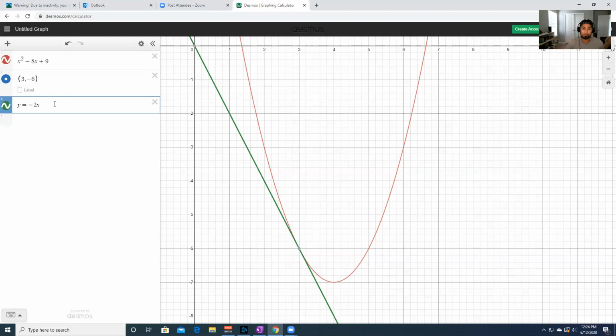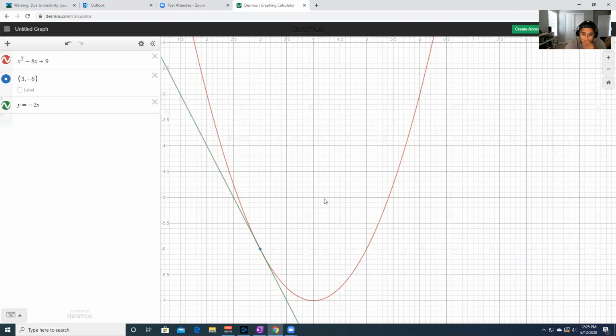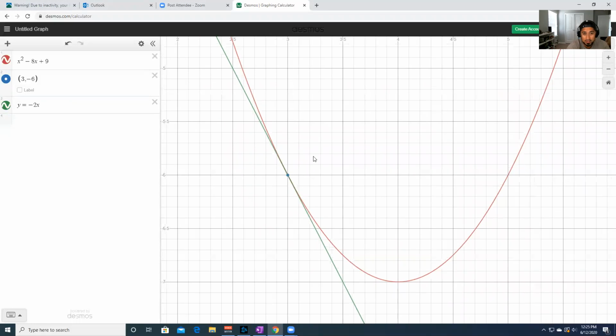And look at that. Almost like my graph, this one's just definitely more correct, right? Okay, so we see the green line is our tangent line. We come down, we share one point with our function, 3, negative 6, and we take off. Crazy, right? So we did all the math just to find that.